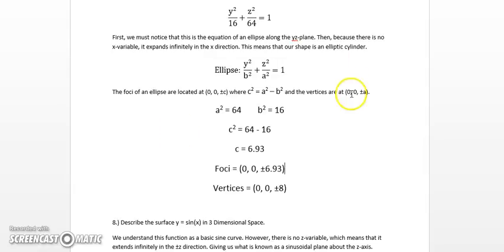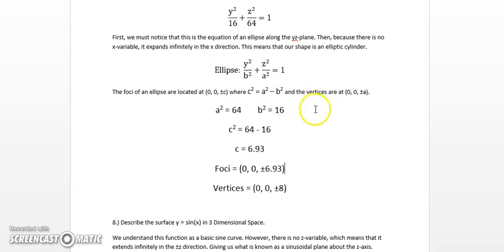The other portion of the problem is to find the vertices, which is another thing that is given to us at 0, 0, plus or minus a. Once again, just like for the foci, the plus or minus a can be in the x, y, or z coordinate, but it's always the longest side of the ellipse. In this case, because of the 64 in the denominator, that is the z coordinate.